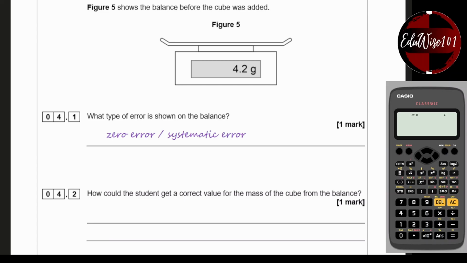So what you can do is take away 4.2 from the value that is actually recorded. So let's say you can't zero it, or you don't know how to zero it, you add the object on top, and you take away this 4.2 from the reading that is given.